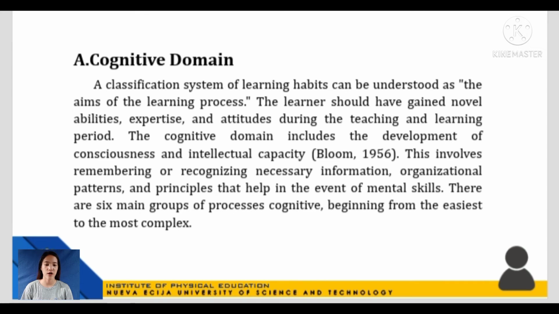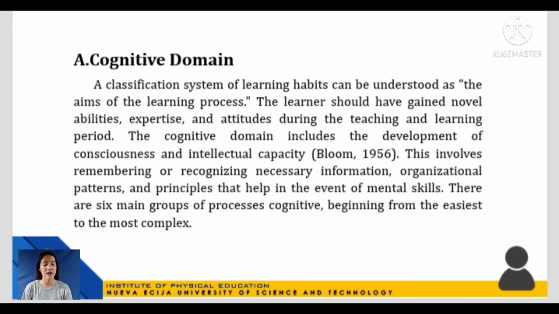Now, let's focus on the cognitive domain. To further discuss the cognitive domains, let's have the illustration of Bloom's taxonomy. A classification system of learning habits can be understood as the aim of the learning process. The learner should have gained novel abilities, expertise, and attitude during the teaching and learning period. The cognitive domain includes the development of consciousness and intellectual capacity.